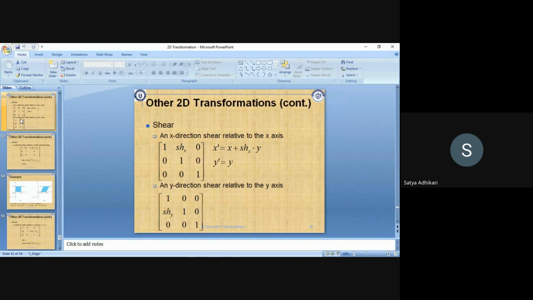So this is just shearing in the x direction, and in the y direction the object remains the same. That is why 1 SSX, and x dash equals x plus SSX into y. That means x is changed with respect to y. And y dash will equal y, meaning the y value does not change.